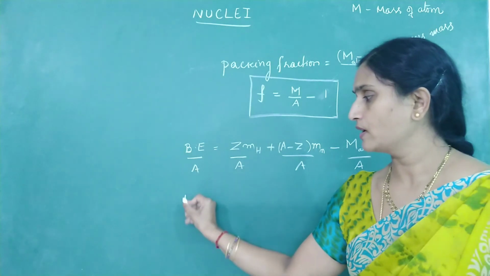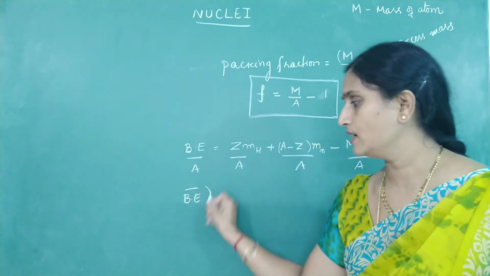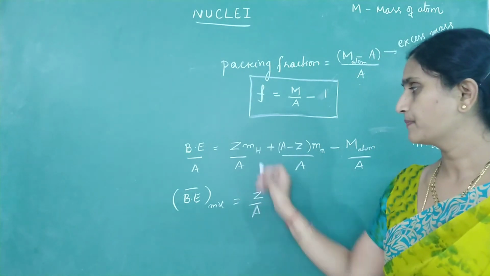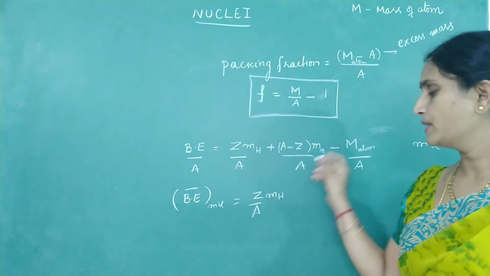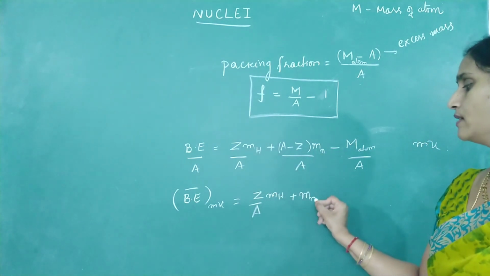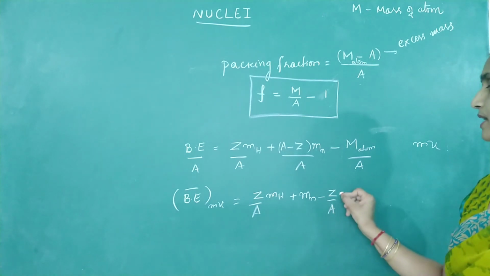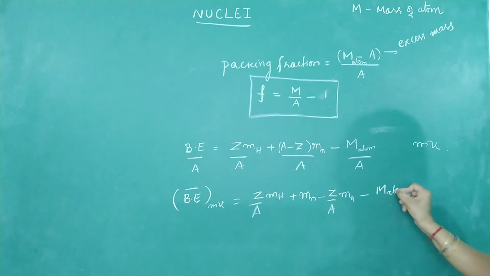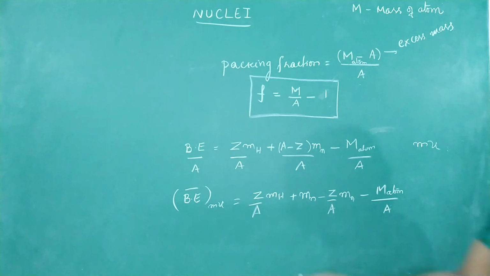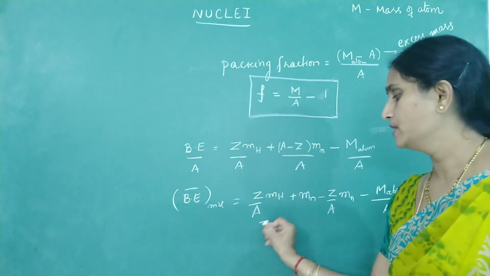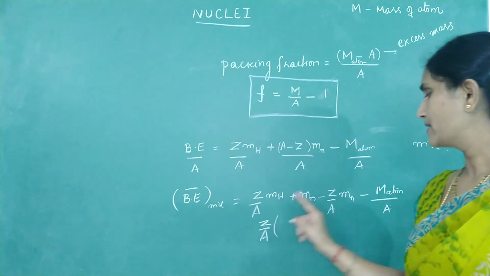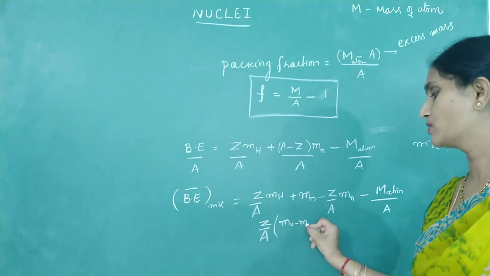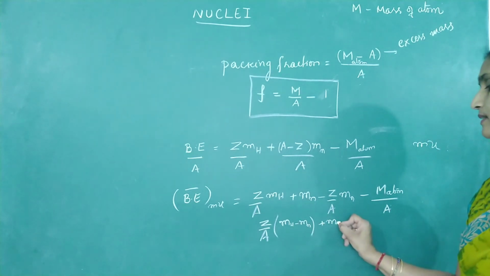Now, binding energy per nucleon, if I call it average binding energy expressed in mass units, it is Z by A, mass of hydrogen, open the bracket, plus mass of neutron, minus Z by A into mass of neutron, minus mass of atom divided by A. These two terms contain Z by A, so take out common Z by A into (mass of hydrogen minus mass of neutron), plus mass of neutron minus.